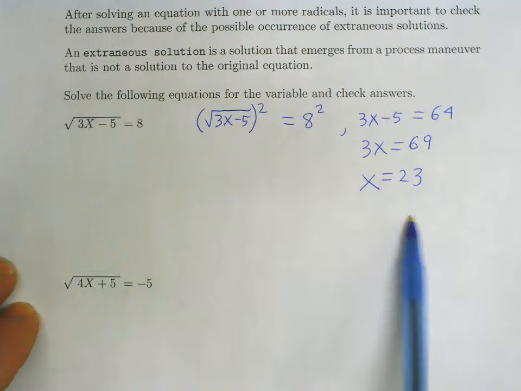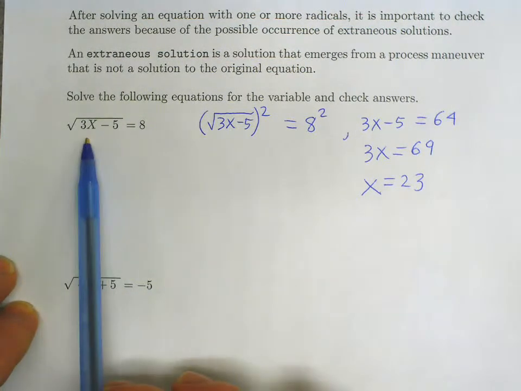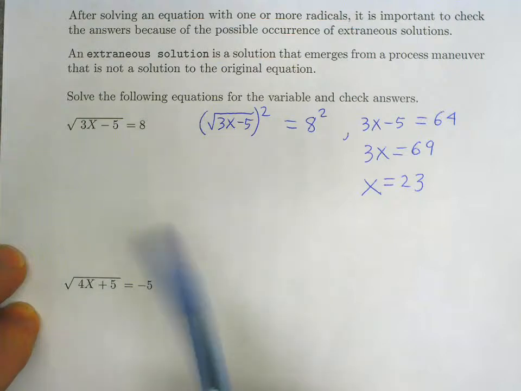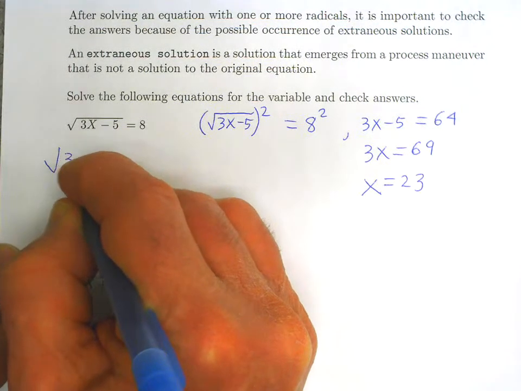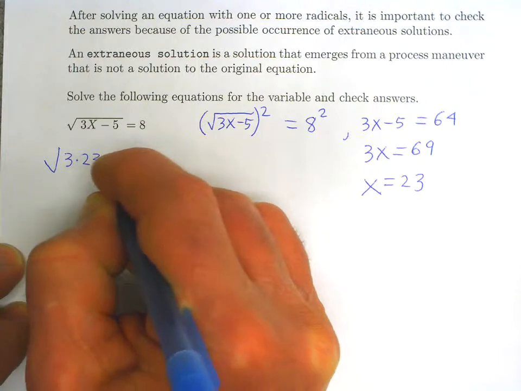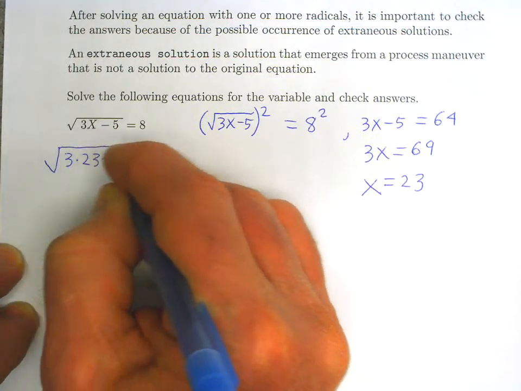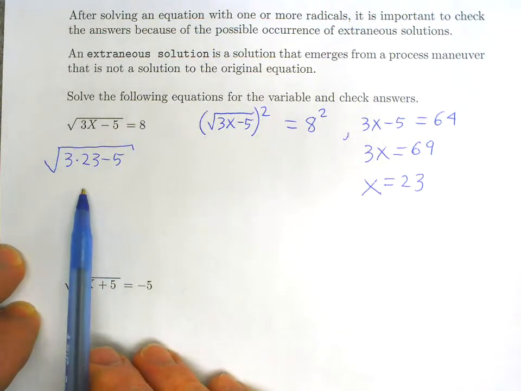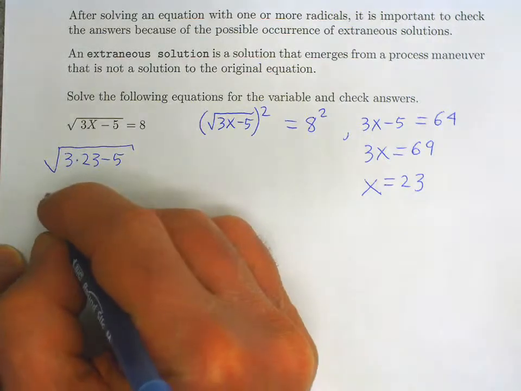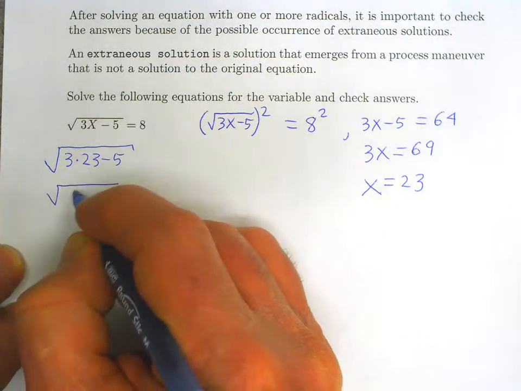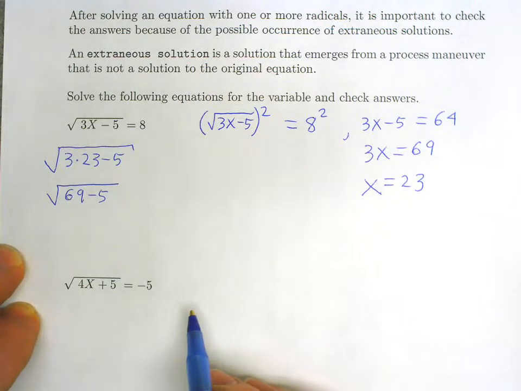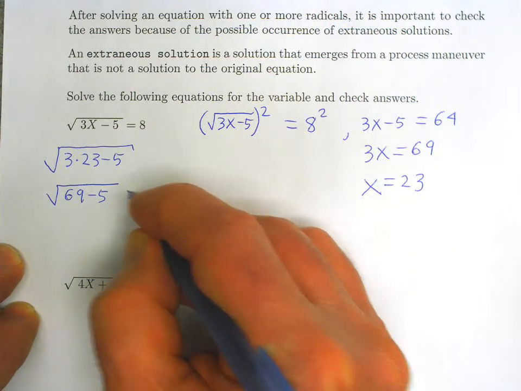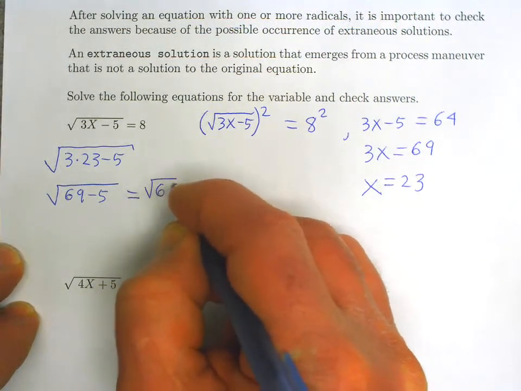Then we'll check in the original equation, replace x with 23. So we get the square root of 3 times 23 minus 5. Then do the arithmetic. 3 times 23 is 69, and then the square root of 69 minus 5 is the square root of 64.